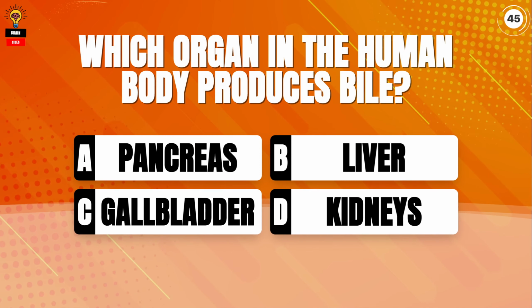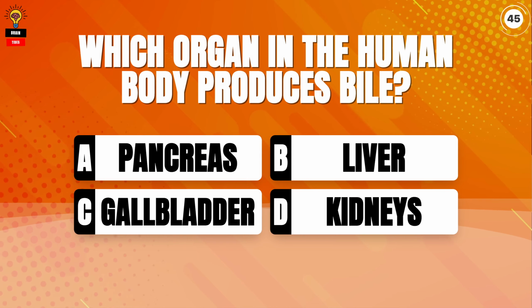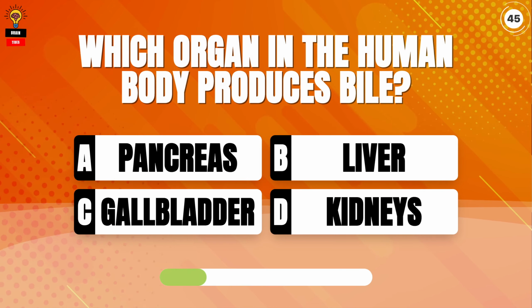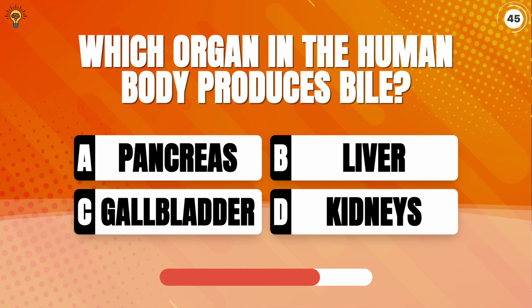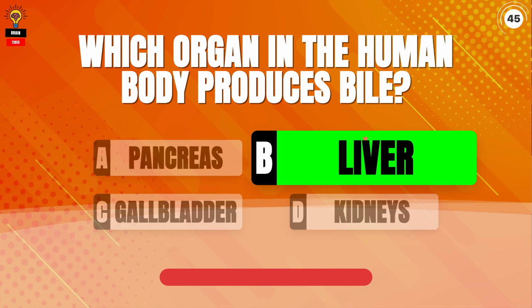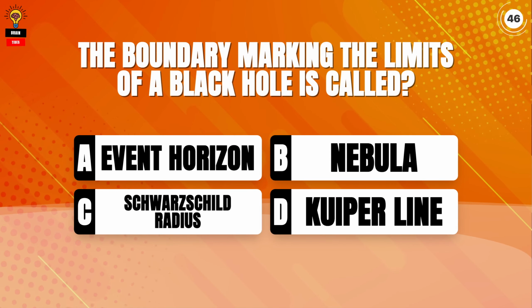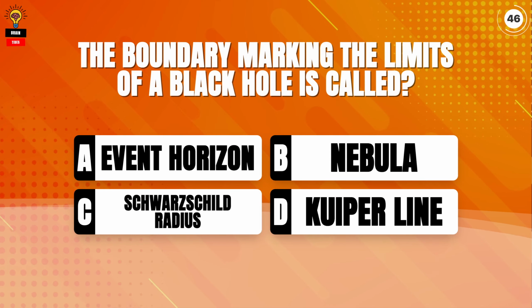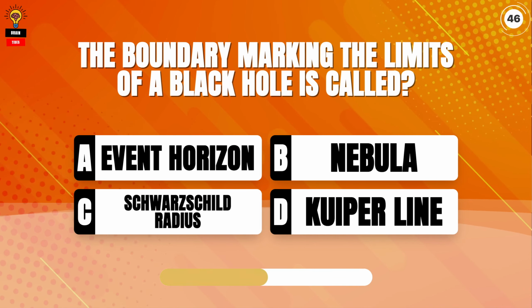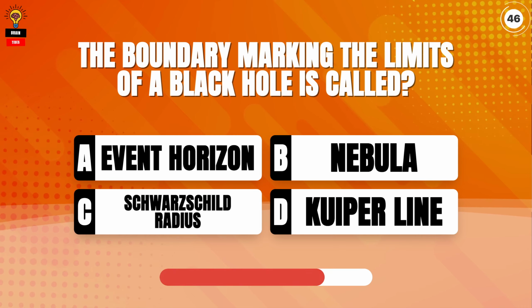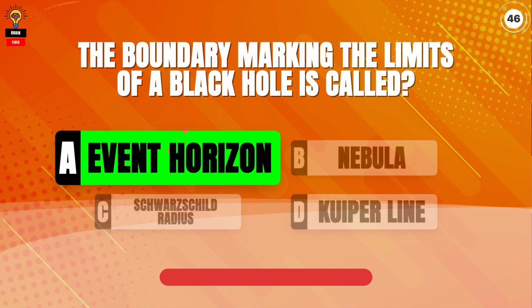Which organ in the human body produces bile? Liver. The boundary marking the limits of a black hole is called the event horizon.